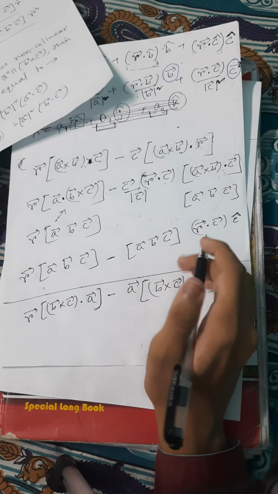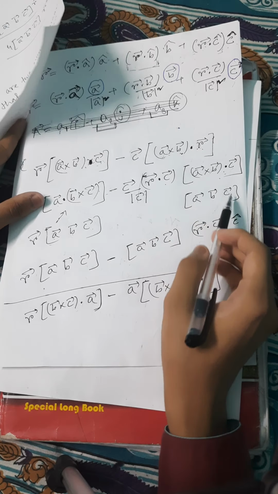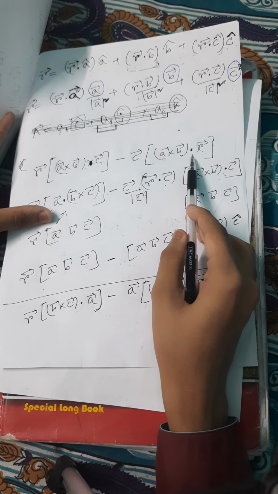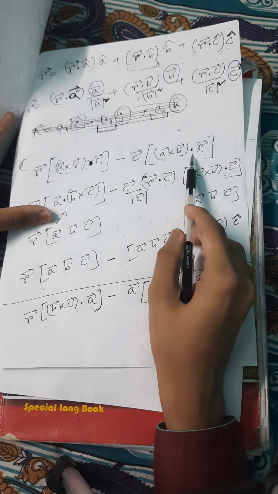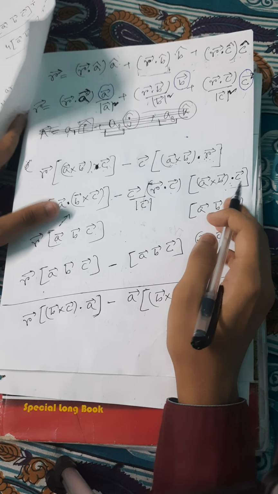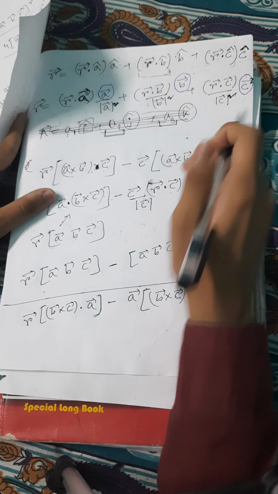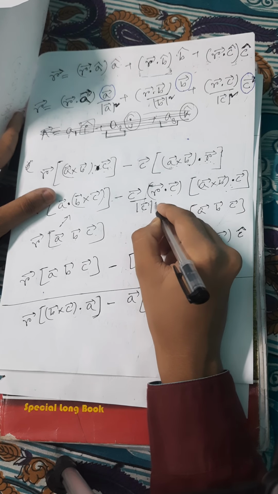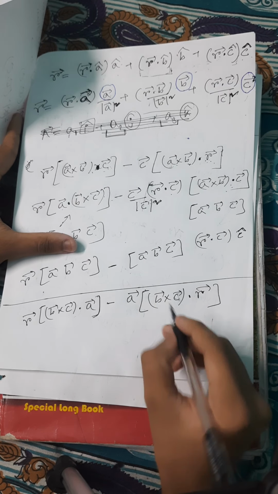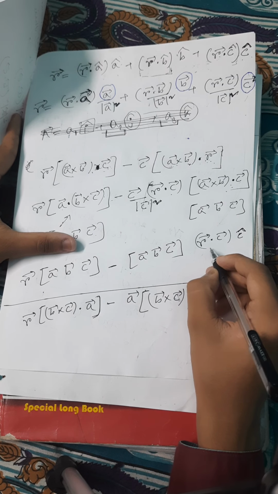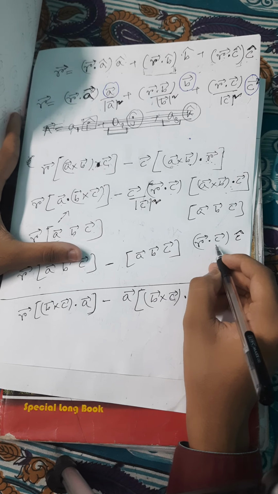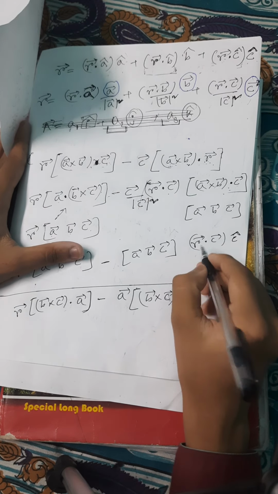Now the part is, sorry, here I have to mention that mod C square term will be there. C vector, A cross B you are dotting with, this term will vanish. R dot of C term, R dot of C by C square, this term will come out. Yes, the same thing, right?